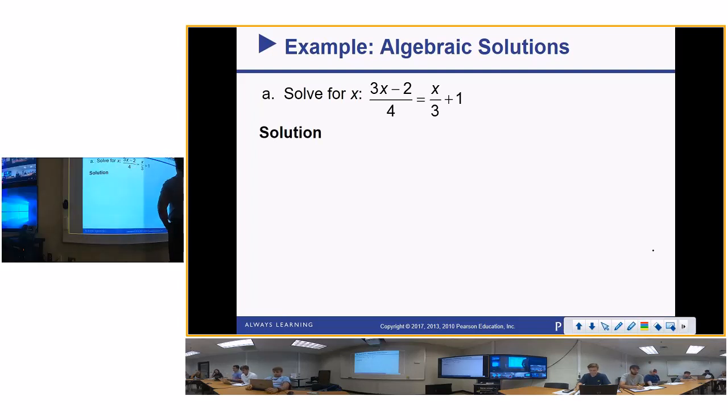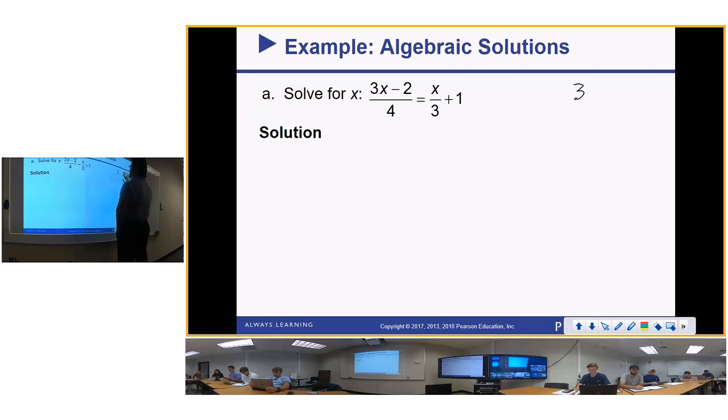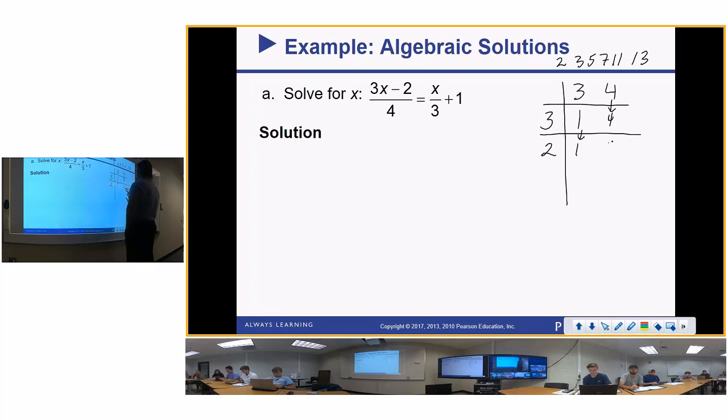In this case, if we want to know the common denominator of 3 and 4, and we have no idea, we go back to basics: 2, 3, 5, 7, 11, and 13. We want to get 1s on the bottom, so 3 will go there, and 1 comes down, 2 comes down, 2, and 2 comes down, and 1.